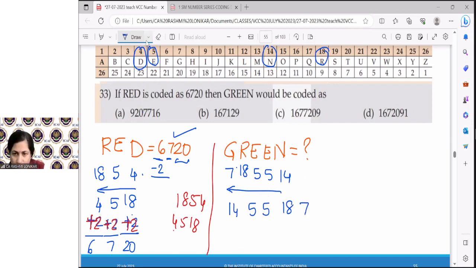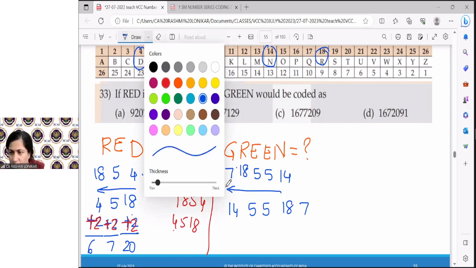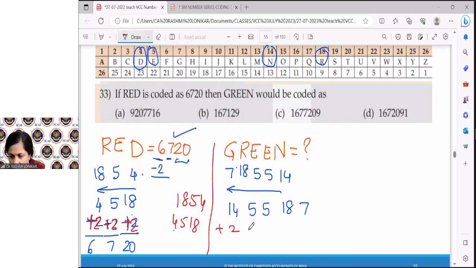We have to add 2 to each of them: plus 2, plus 2, plus 2, plus 2 and plus 2. So how much will I get? This is 16, this is 7, this is 7, this is 20 and this is 9. 1677209.